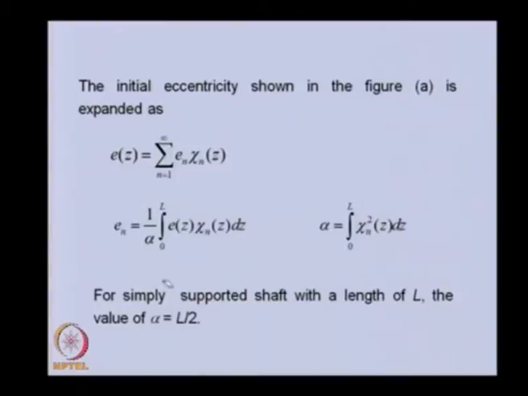Now, for the simply supported case, we already know alpha will be L by 2 because this is a sine function, and if we evaluate this value, it will be L by 2 for the simply supported boundary condition. But for other boundary conditions, the eigenfunction will change and the corresponding alpha will change.